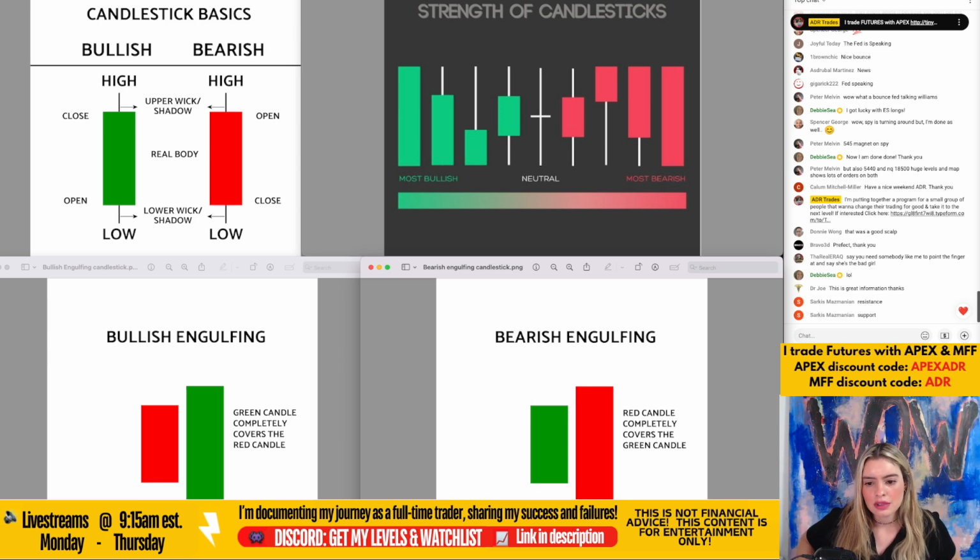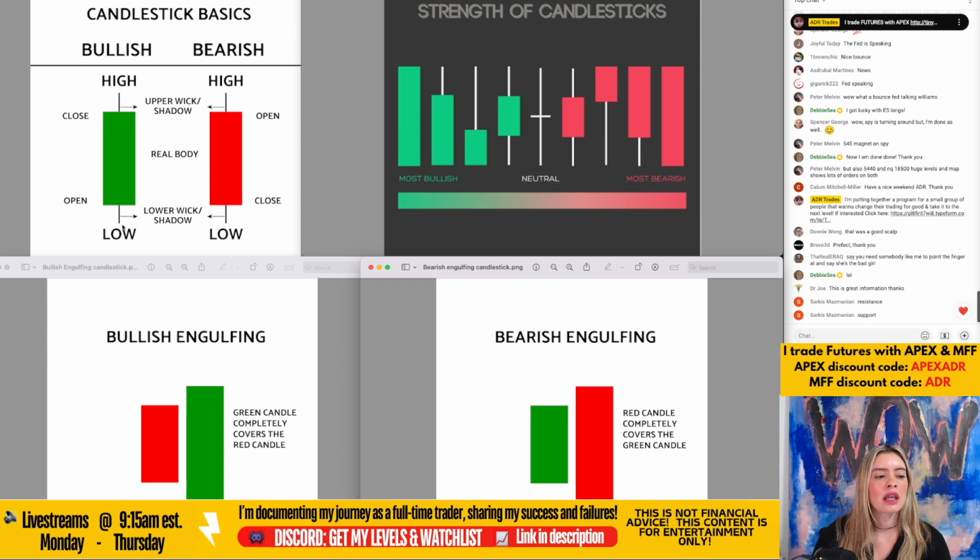Okay, so again, let's start with the basics. How do we read candlesticks? So we have bullish, green, and red, bearish. For a bullish candlestick, at the bottom we have when the candle opens, at the top we have when the candle closes.